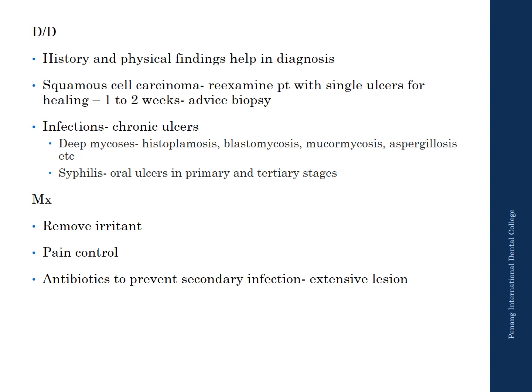Infectious diseases or chronic ulcers can form the differential diagnosis for a single traumatic ulcer. For example, deep mycoses like histoplasmosis, blastomycosis, mucormycosis, aspergillosis, though rare, can lead to single ulcers in the oral cavity. And syphilis also can have oral ulcers in the primary and tertiary stages, which could be confused for a traumatic ulcer.